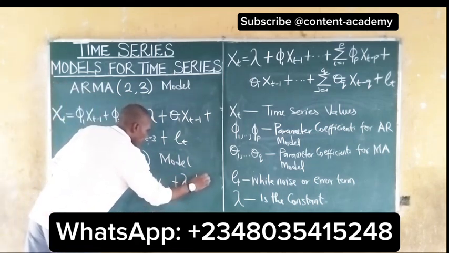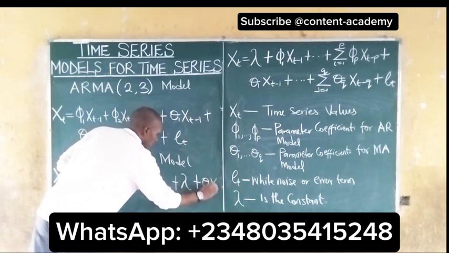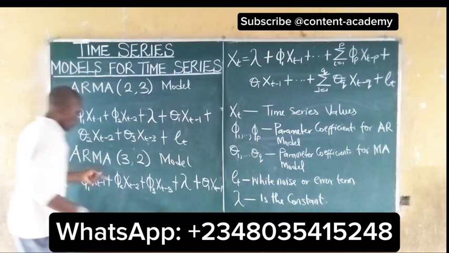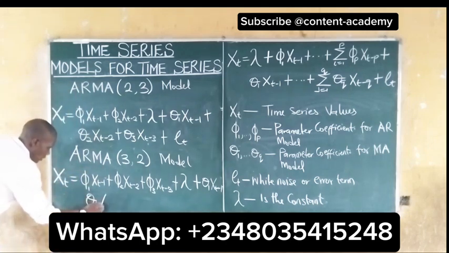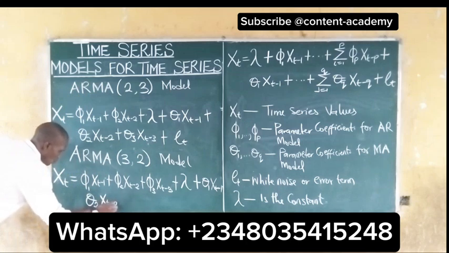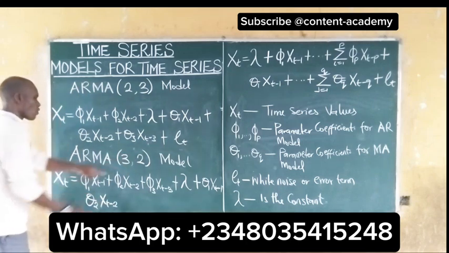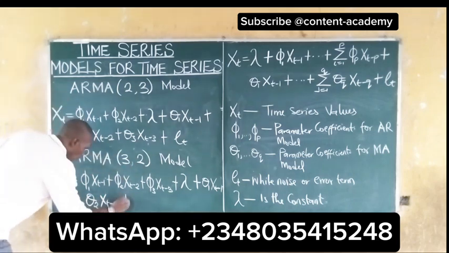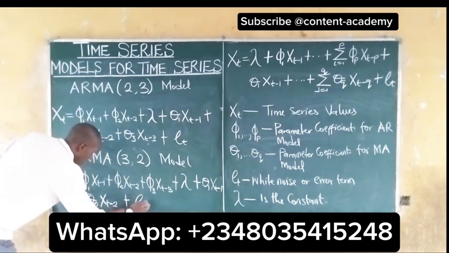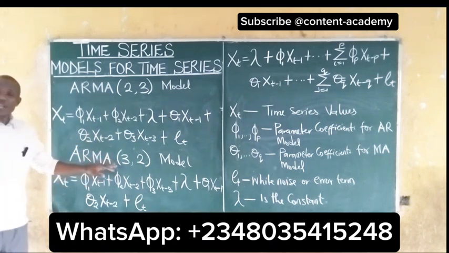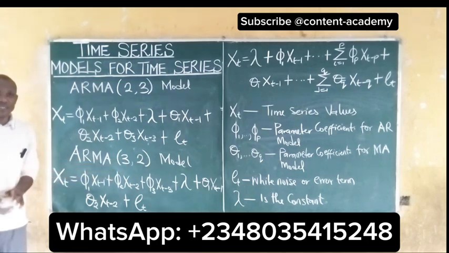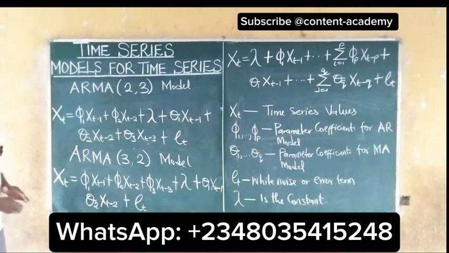The moving average will be theta 1 x_(t-1), theta 2 x_(t-2). We have it of order 2, then plus our error term. So this is how the autoregressive moving average model can be computed in time series analysis.